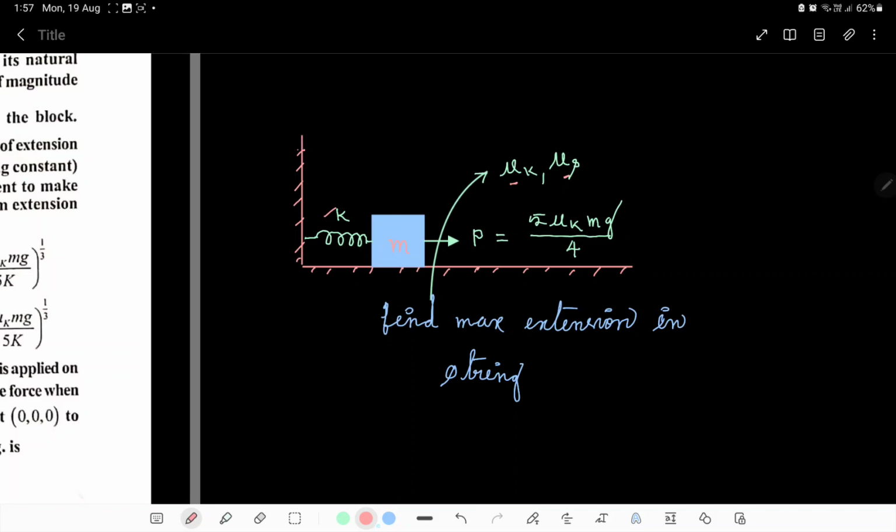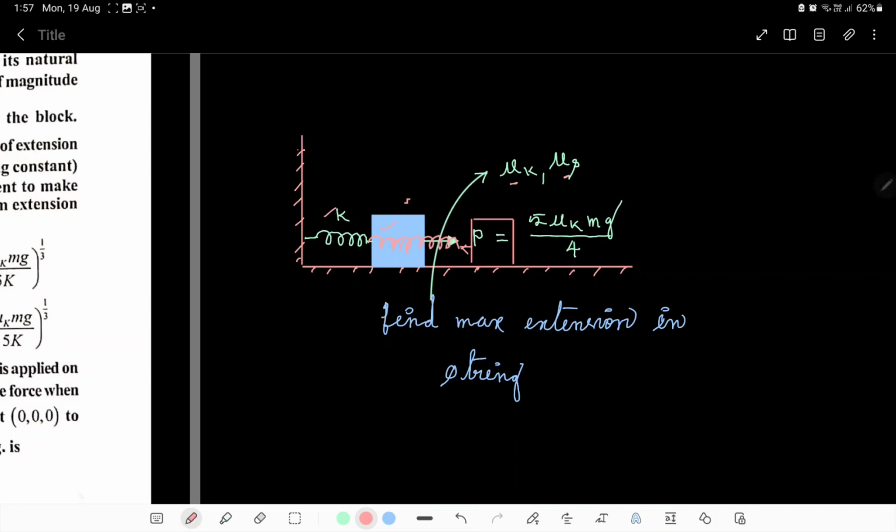If you move the block from here up to here, the spring will expand, and it will have some spring force which will act in the backward direction, opposite to the applied force, right?